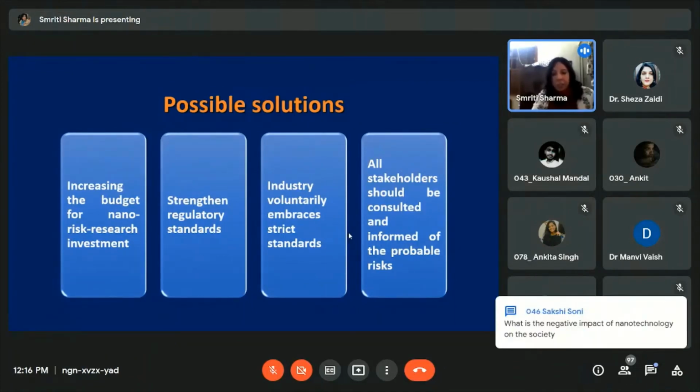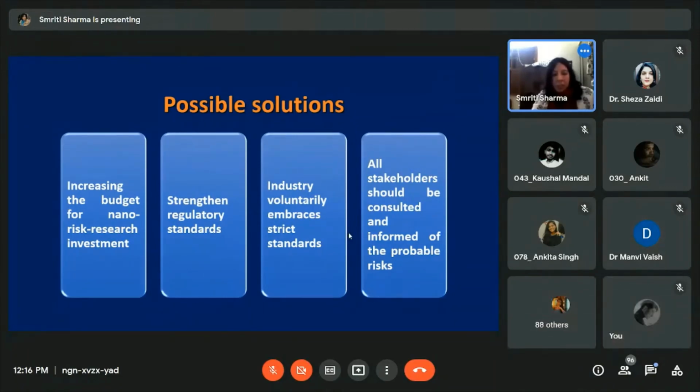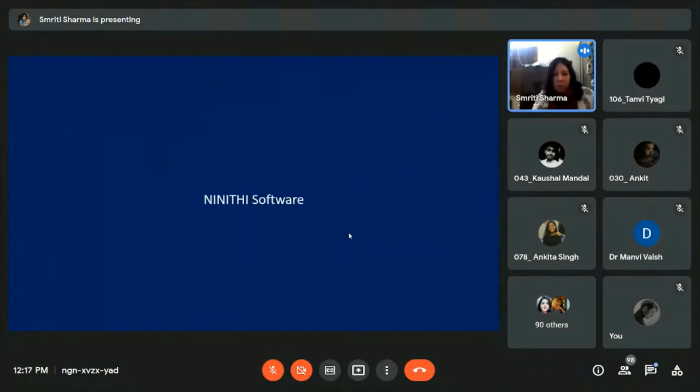India really lags behind in regulation, and anyone can claim anything, and people will apply that on their bodies, ingest that, without realizing the harmful effects. Industry should also embrace strict standards, and all stakeholders should be informed and sensitized about this.